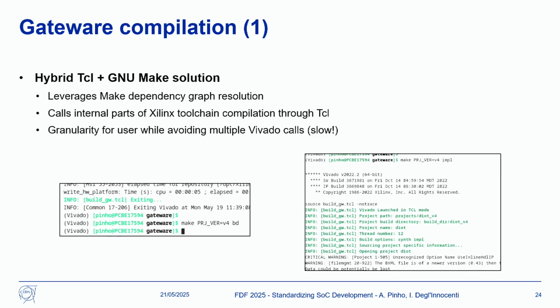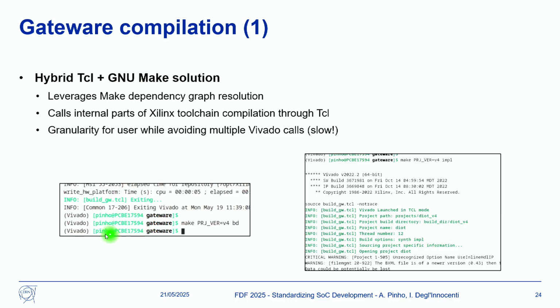So what we did is use a mixture. We leveraged the dependency graph resolution of makefiles, and we call only the recipes or rules that need to be created or updated. So here you can see, let me see if I can use a pointer. On the left, in this picture, I just created the block design, and I tried to call it again, and the prompt exits immediately because the project was already created, so there's no need to redo it.